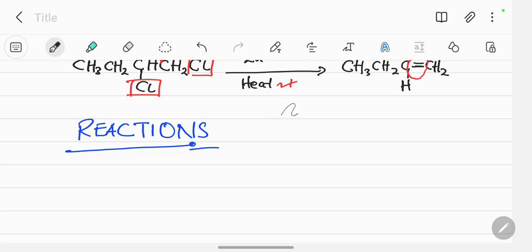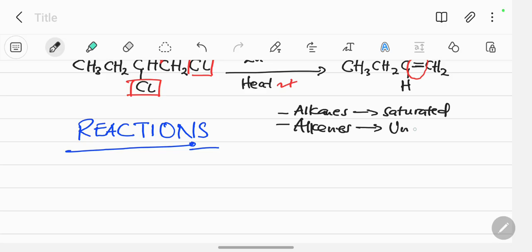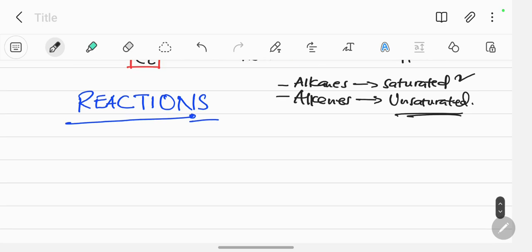So what you have to note here is that alkanes are saturated, but alkenes are unsaturated. So always, unsaturated compounds are going to have a higher reactivity compared to the saturated ones. So that is the case with our alkenes here.